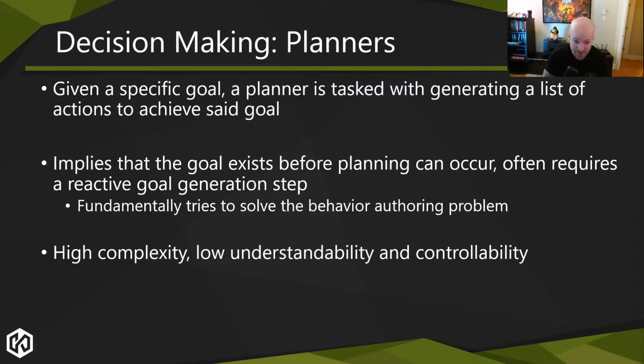There is an implication there that the goal exists before the planning can occur. And this also needs a goal generation step a lot of the time, because to plan, you need an endpoint. To get that endpoint, you need a system that generates it, saying, like, I need to get here. So how do I get there? Well, I move there, I play an attack, and then that solves this goal.